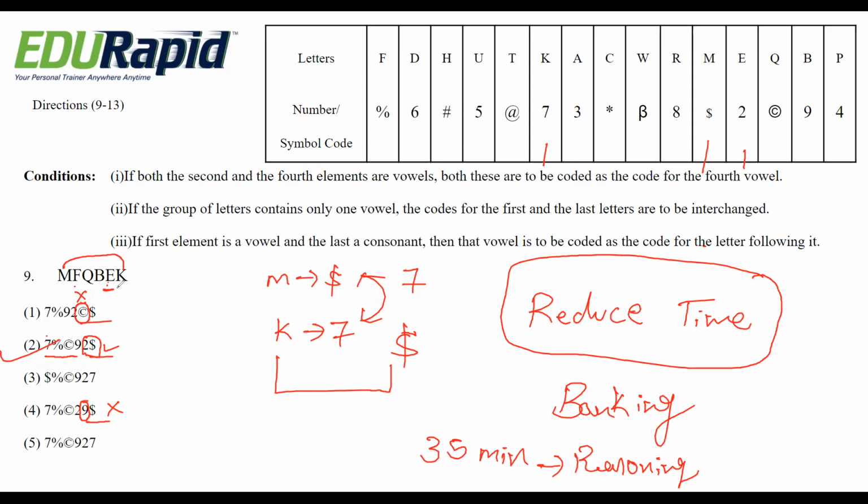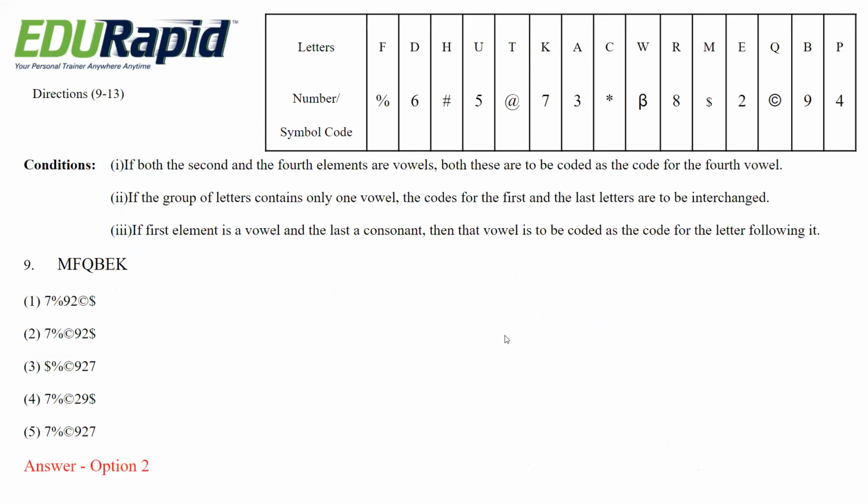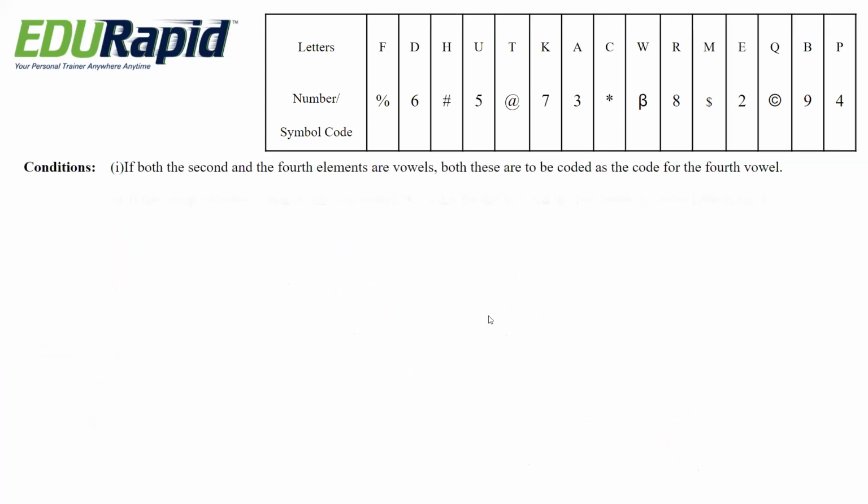So like this, you have to analyze. Okay. So option 2 is the right answer. Next question. For 9 to 13, the table is the same.